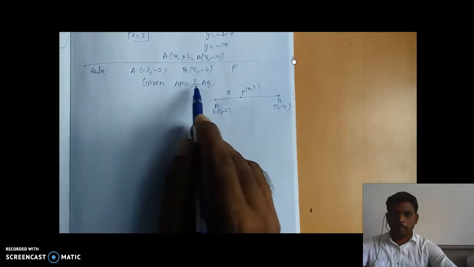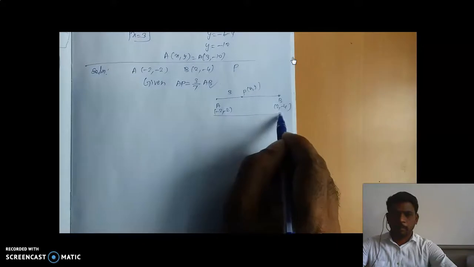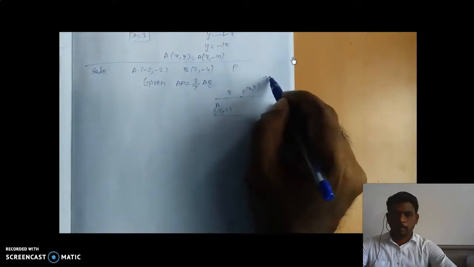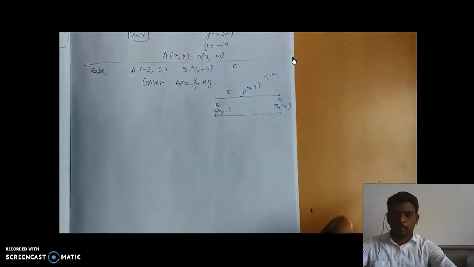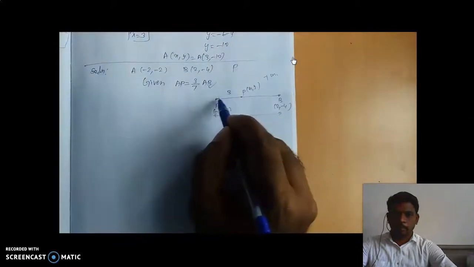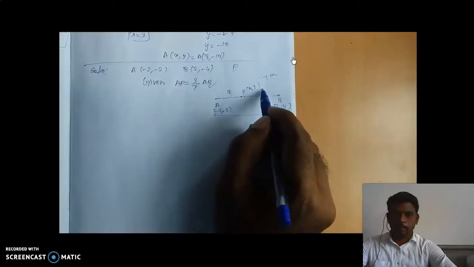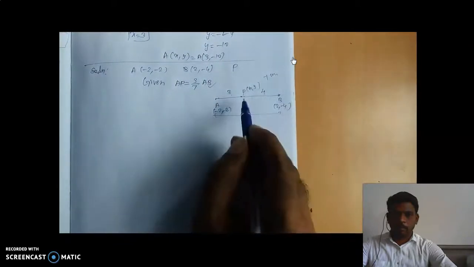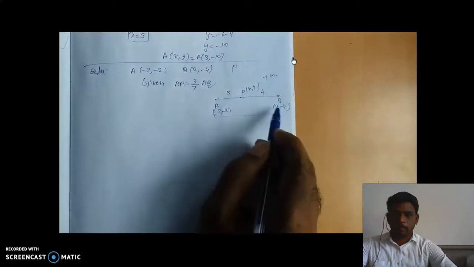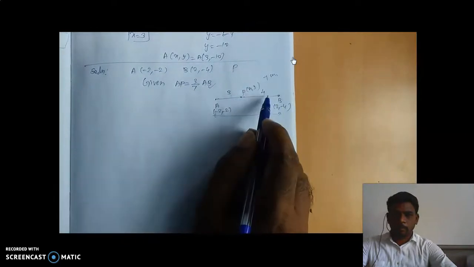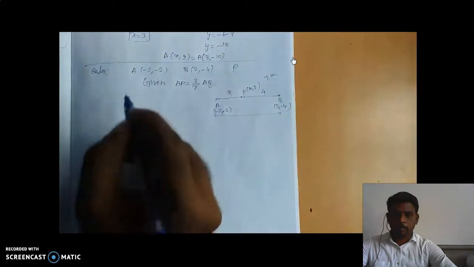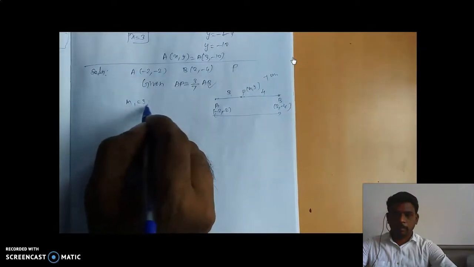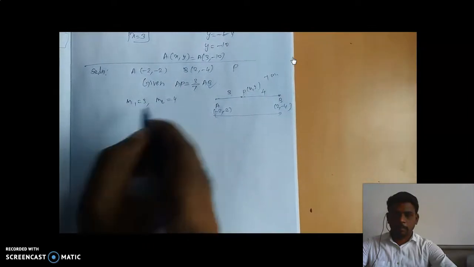Therefore the full length of the line segment we can take as 7 units. So here AP is 3, which means PB is 4. So P divides the line segment in the ratio 3 to 4. Now m1 equals 3 and m2 equals 4.